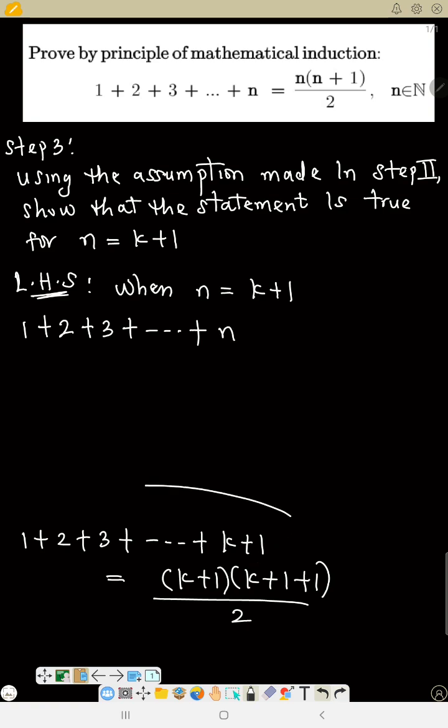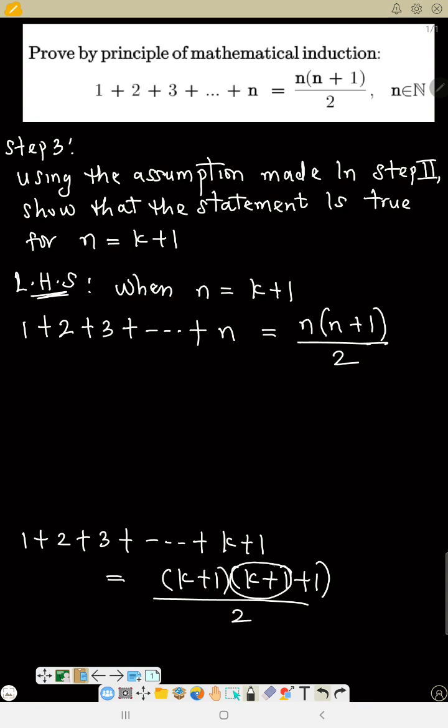Remember, I'm the one that changed all this and solved to this stage, so anywhere I see k plus 1, I'm replacing it back with n. So it's equal to n, brackets, this is another k plus 1, that is n, plus 1, divided by 2.